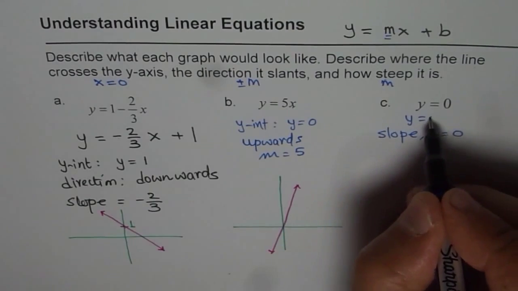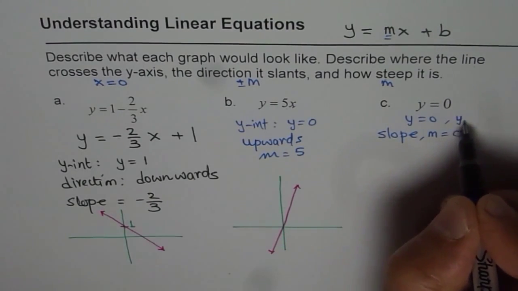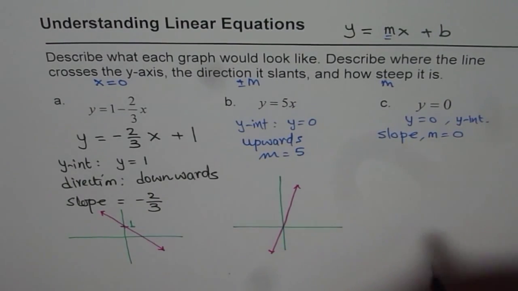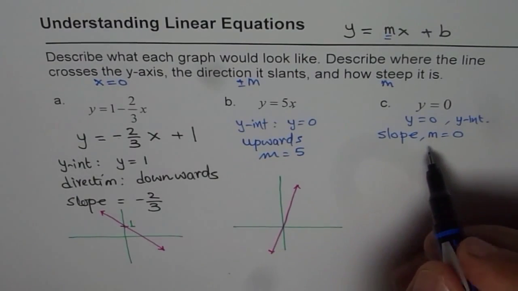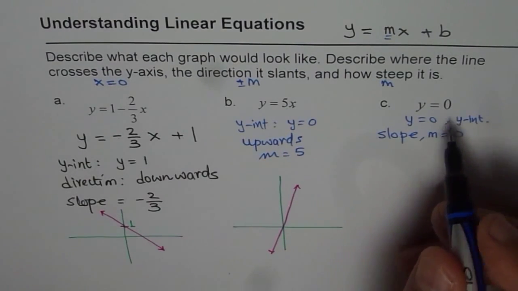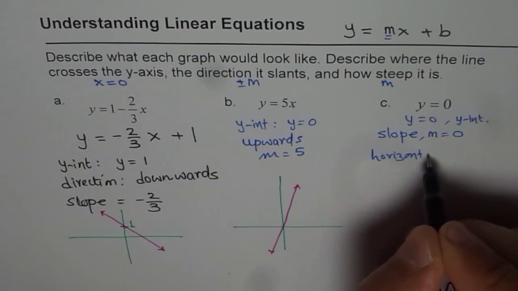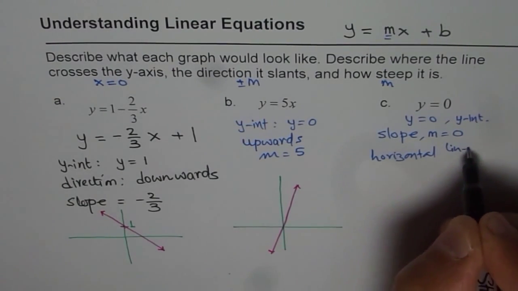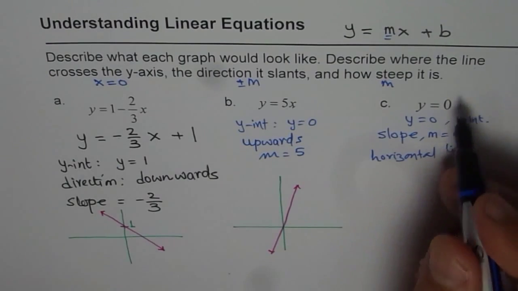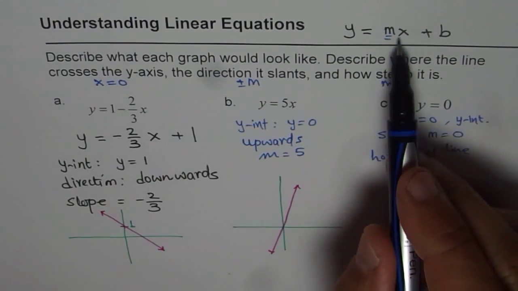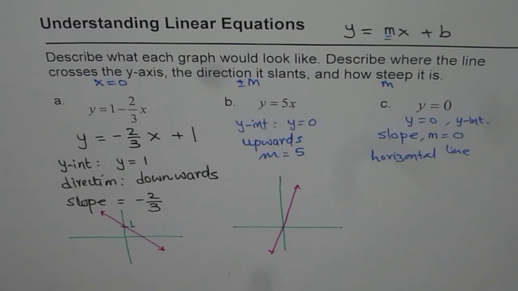So y equals 0 is also the y-intercept. How does it rise? It is actually a horizontal line. Since y equals 0, it is not rising or falling, right? It does not have that x component in it.